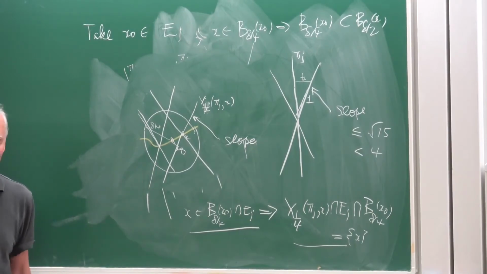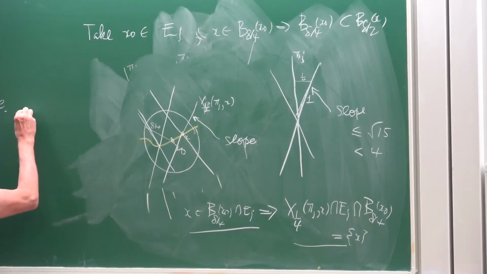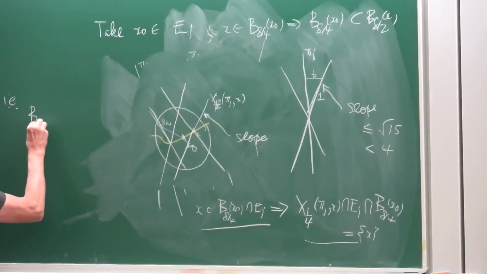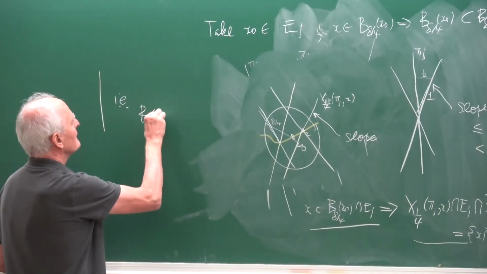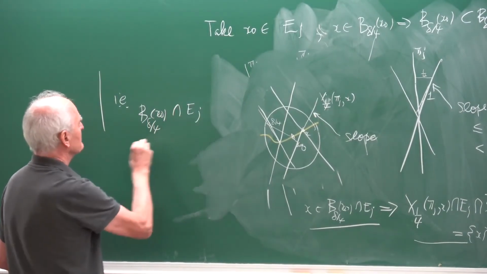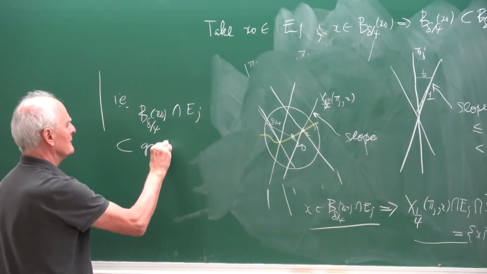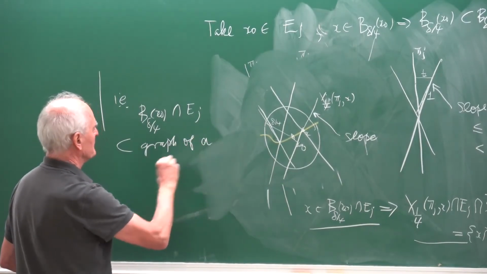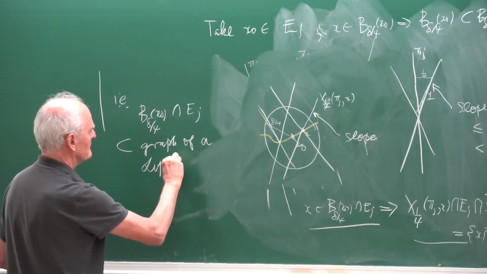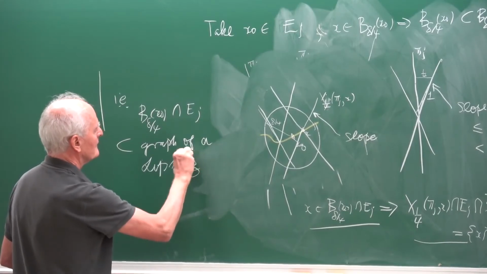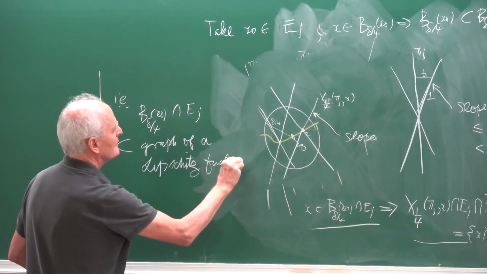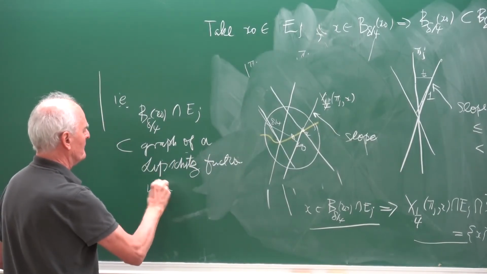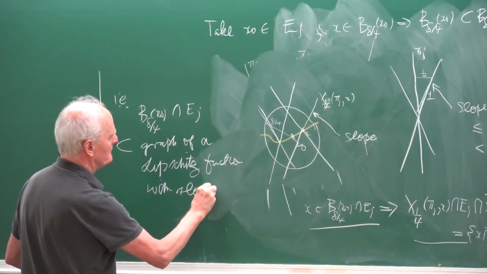That says that B delta over 4 x0 intersect EJ is contained in the graph of a Lipschitz function with slope less than 4.